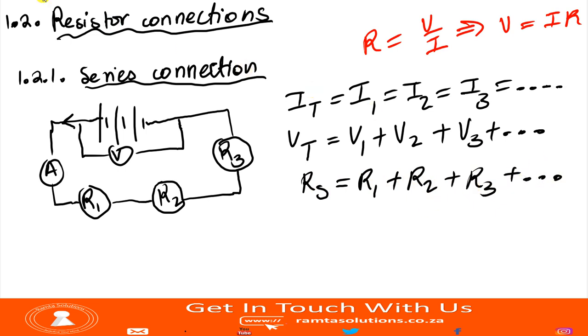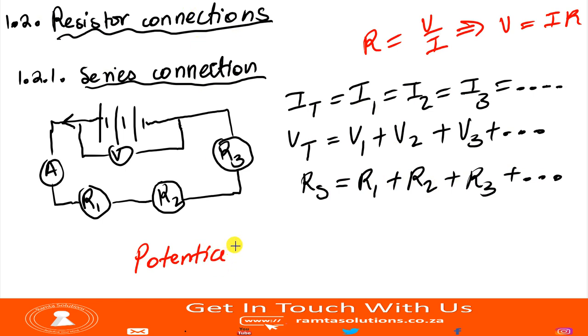Now this comes to a conclusion that resistors in series are not current dividers, but potential difference dividers. You can call them potential dividers or potential difference dividers.